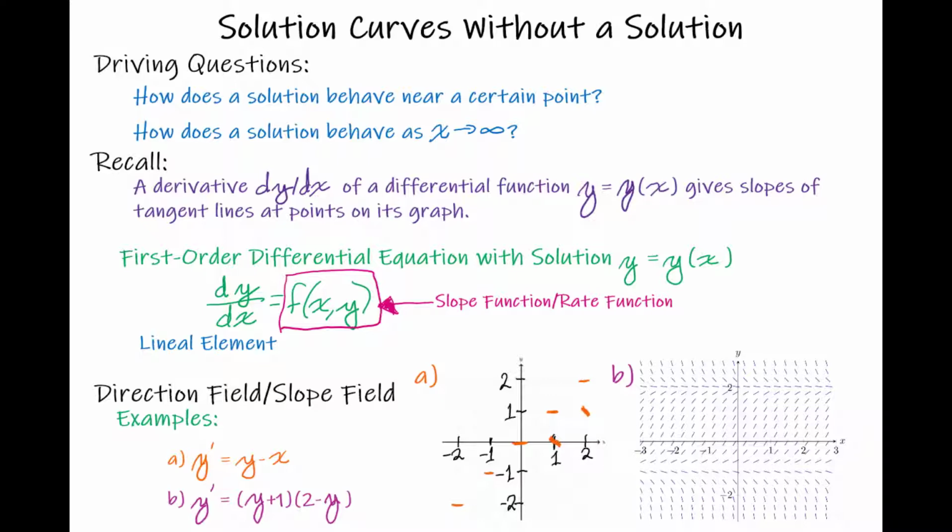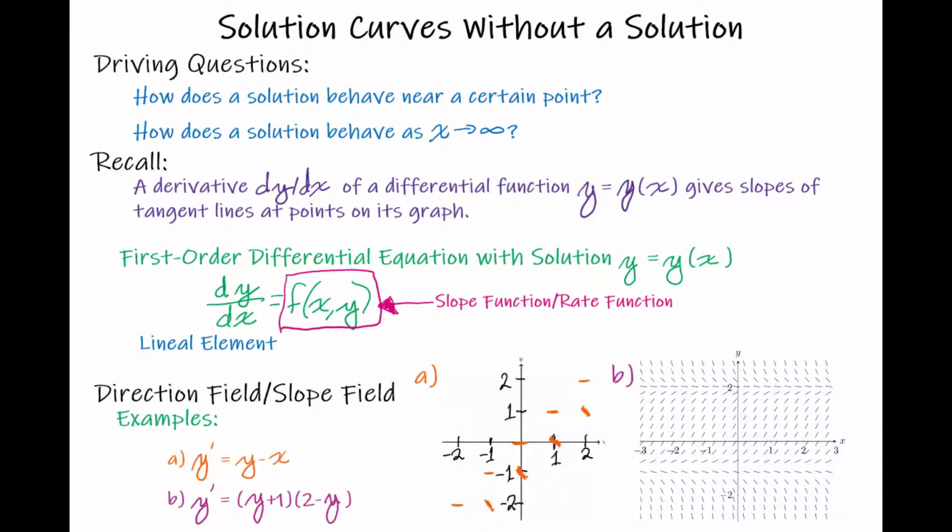And in fact, I can notice that whenever x is 1 greater than y, then my slope is going to be -1. So this also occurs when x is 0 and y is -1, and when x is -1 and y is -2.